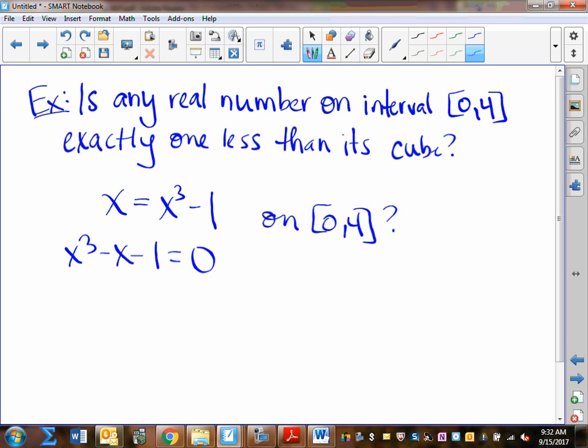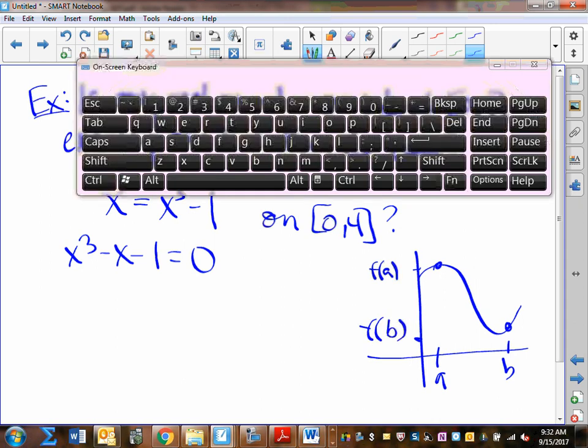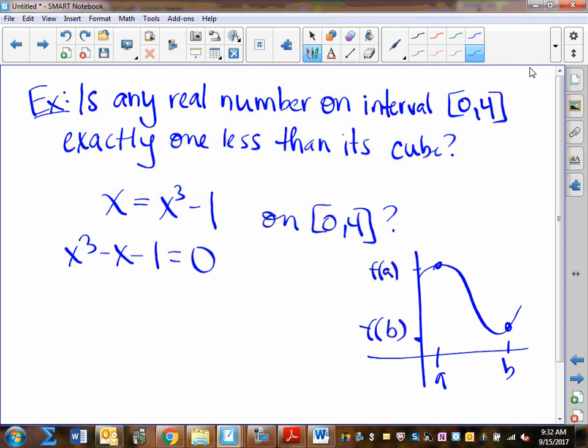Now, with IVT, we have that special case where IVT basically says, if I have a continuous function and my endpoints are different, those y values are different, and I have a y value that falls within this range, there's going to be an x value that matches up with it.